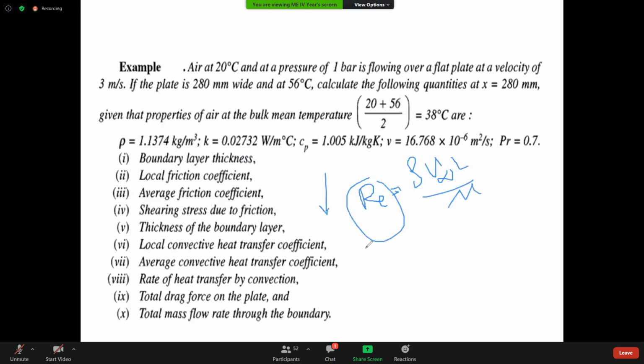I will tell you how to calculate the boundary layer thickness and local values for laminar flow. Turbulent flow has very different equations. I will discuss the use of the data book tomorrow, in tomorrow's class. So whether it is laminar or turbulent flow, external flow, for a flat plate.